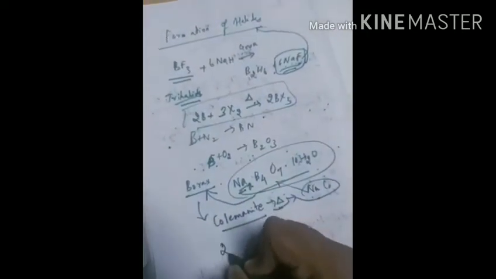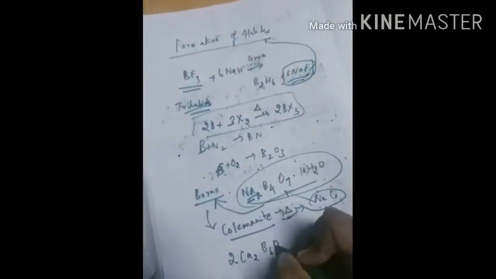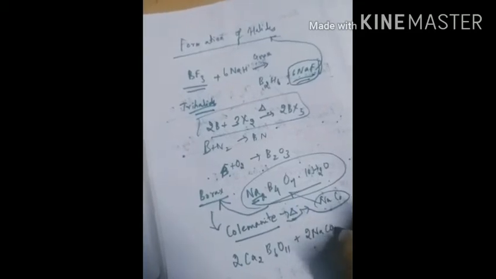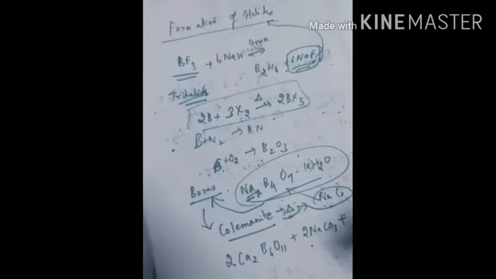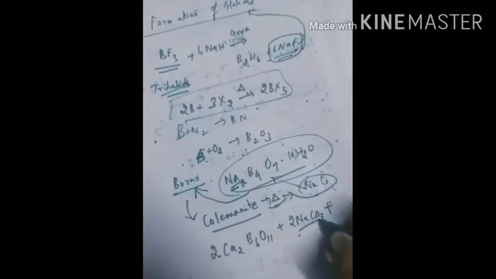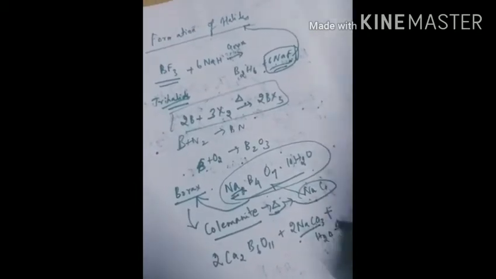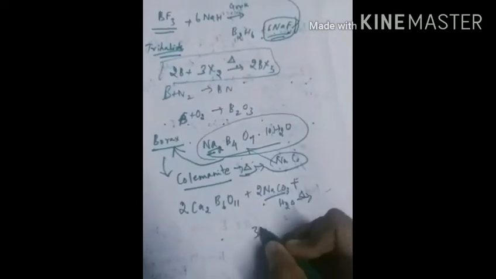So first I am taking the colemanite. If it is treated with sodium carbonate, it will become more reactive to alkali elements. So I am going to add sodium carbonate plus water to make it an aqueous solution. I am boiling this solution.